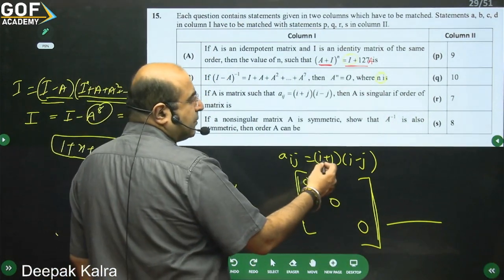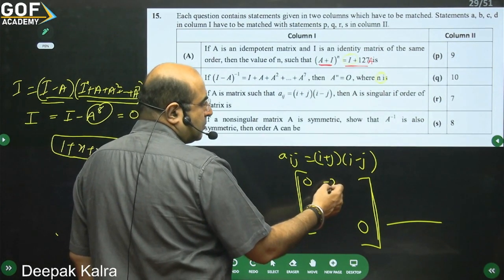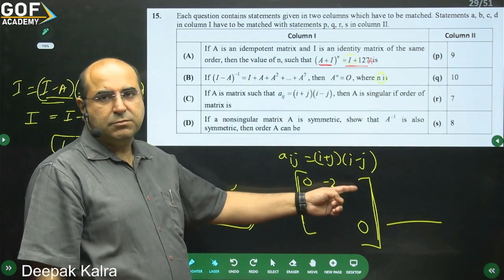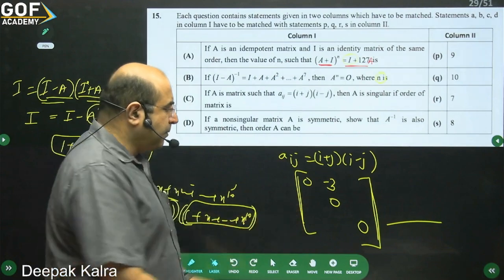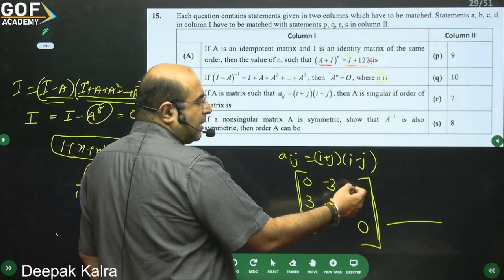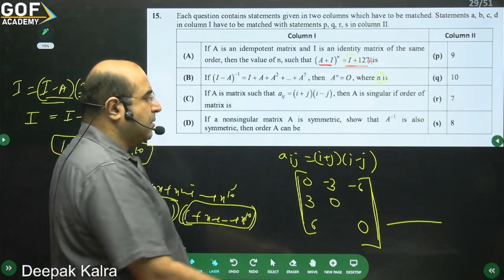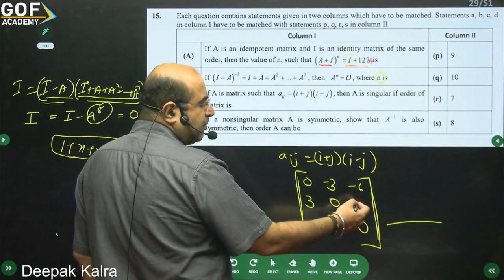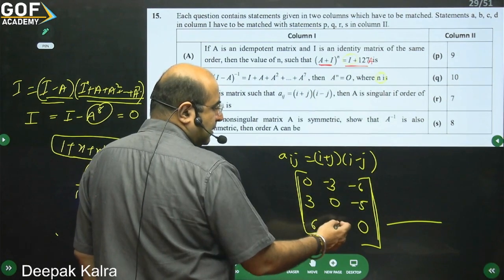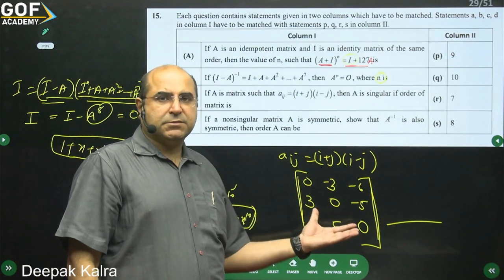Second element is 1 plus 2 and this is 1 minus 2. This is minus 3. A12. A21 becomes 3. A13 becomes minus 6. It will become 6. A23 becomes 5. 2 plus 3 is 5, times minus 1, and this becomes 5. What do you see? It is a skew symmetric matrix.